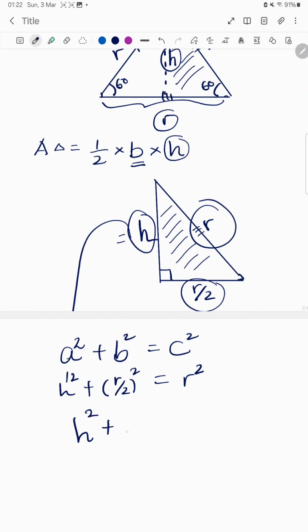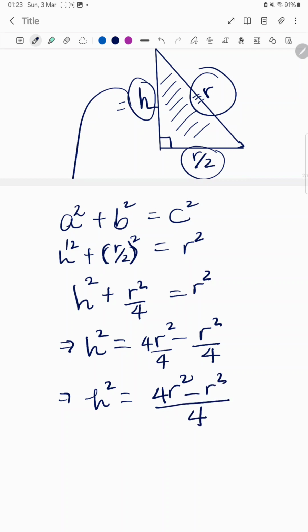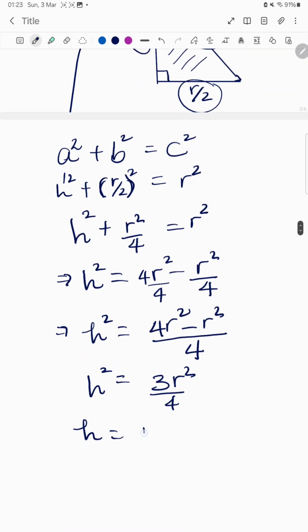h square plus r square over 4, which is r over 2 the whole square, is equal to r square, which implies h square is equal to r square minus r square over 4, which implies h square is equal to 4r square, because I'm going to give it a common denominator, minus r square divided by common denominator 4. h square is equal to 3r square over 4. h is equal to only the positive part of the square root of 3r square over 4.